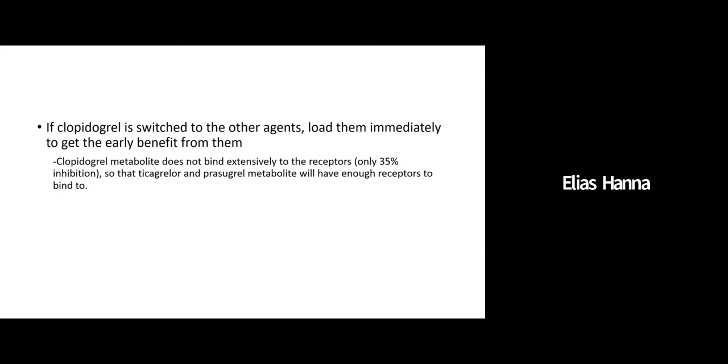You can immediately load them on the table with Brilinta or prasugrel. So from Clopidogrel to the more potent agent, you can reload immediately. More potent to Plavix, it's 24 hours, and you have to use 600 milligram of Plavix.